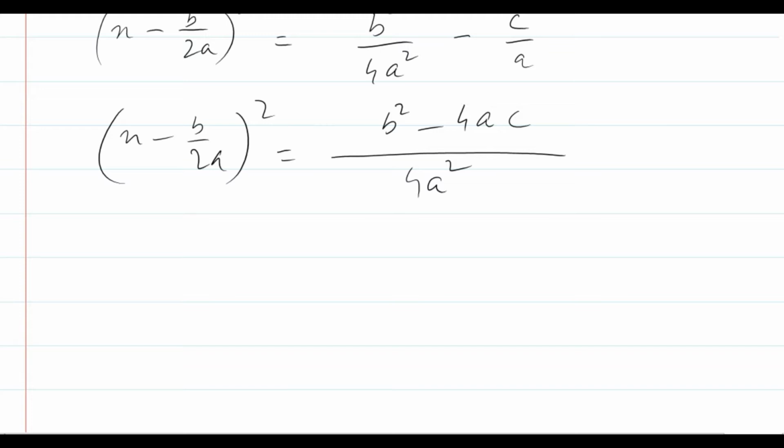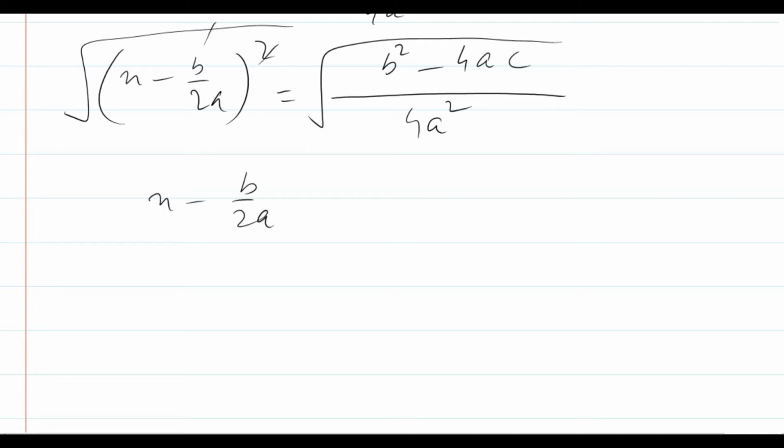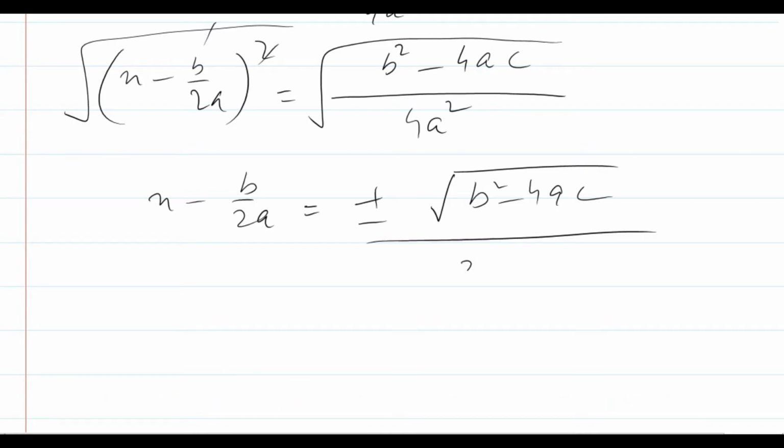Now you can take the square root on both sides and it will become x minus b over 2a is equal to plus minus under the root b square minus 4ac whole over 2a.